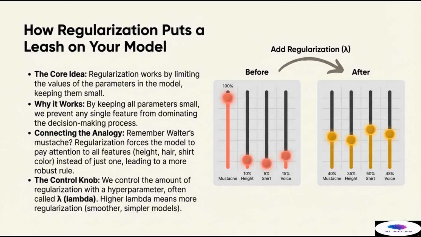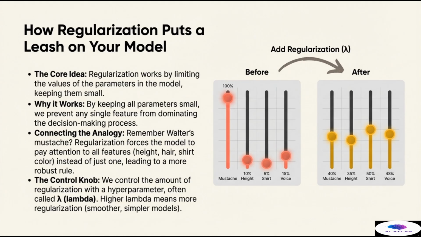Look at the sliders. Before regularization, one feature, mustache, is cranked up to 100%, dominating the decision. The other features, height, shirt, and voice, are barely considered. After applying regularization, indicated by the add regularization lambda symbol, the model is penalized for having that 100% weight.